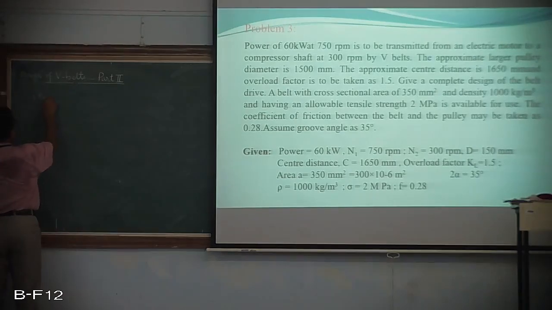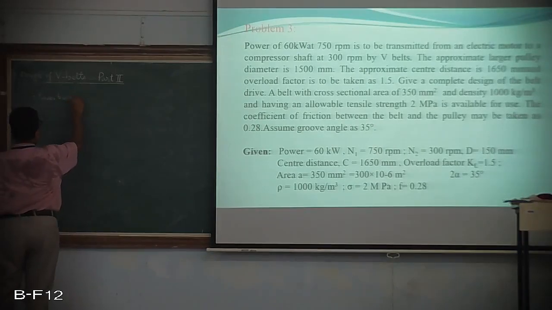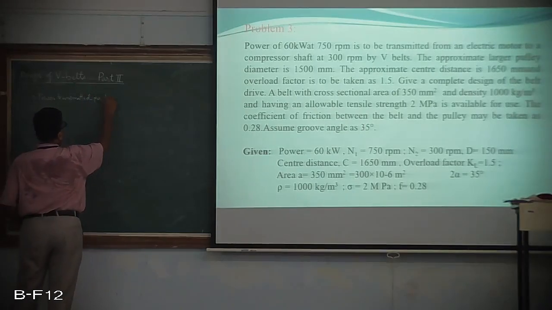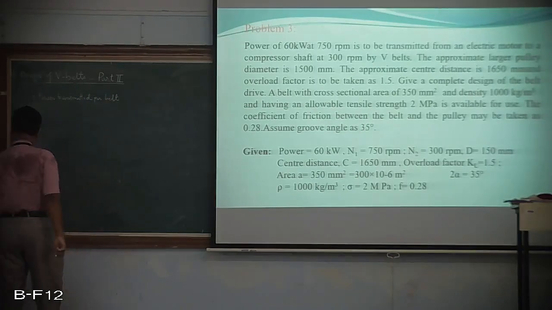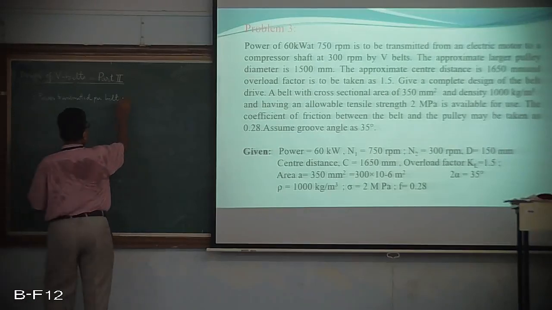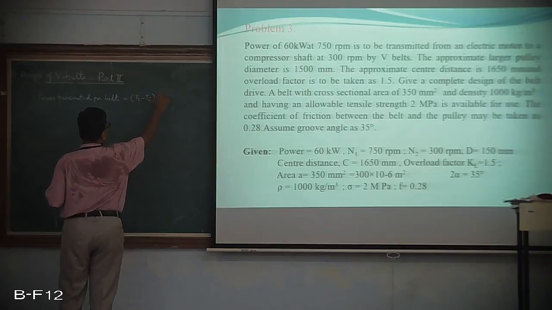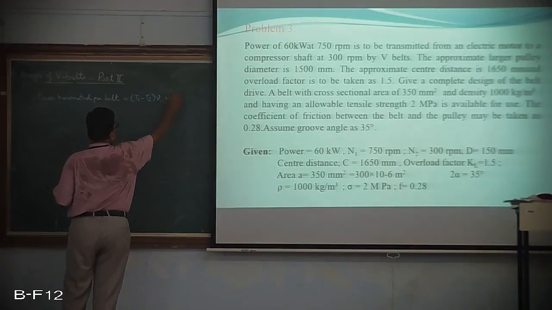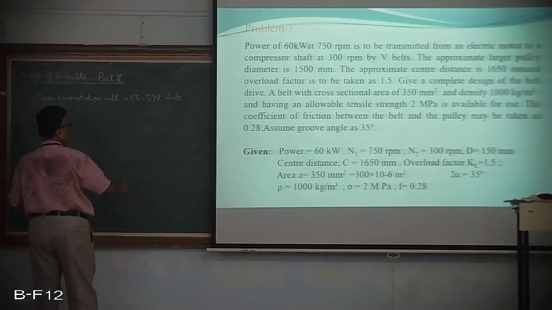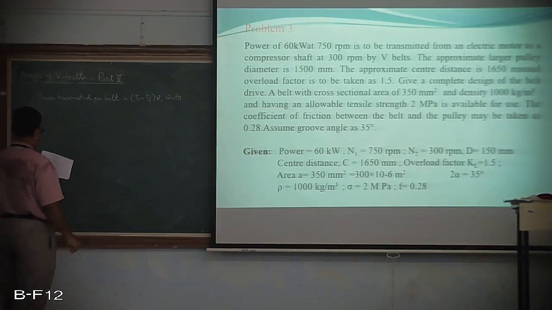Therefore, power transmitted per belt is given by (T1 minus T2) into the velocity. This is given in watts. If you divide by 1000, it will directly give you the kilowatts.